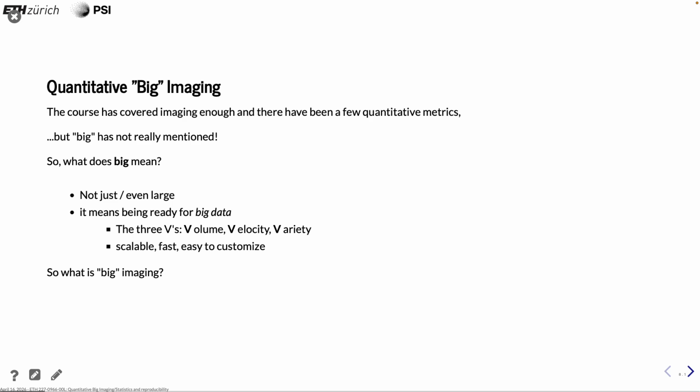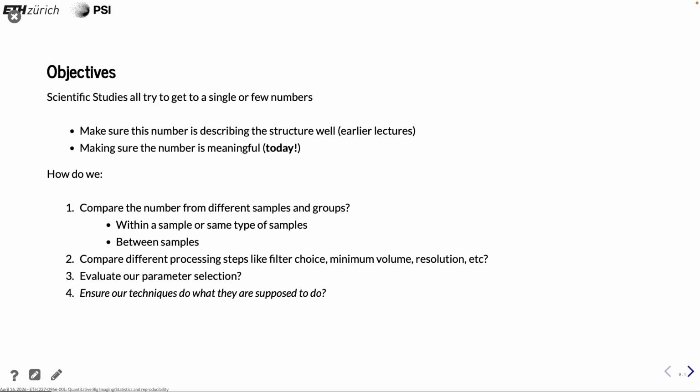So let's look into the big imaging part. What we want to do, we want to squeeze a few numbers or plots out of the data sets to describe some kind of structure. One thing we have already done is describing the structures, but now we need to make these numbers meaningful.